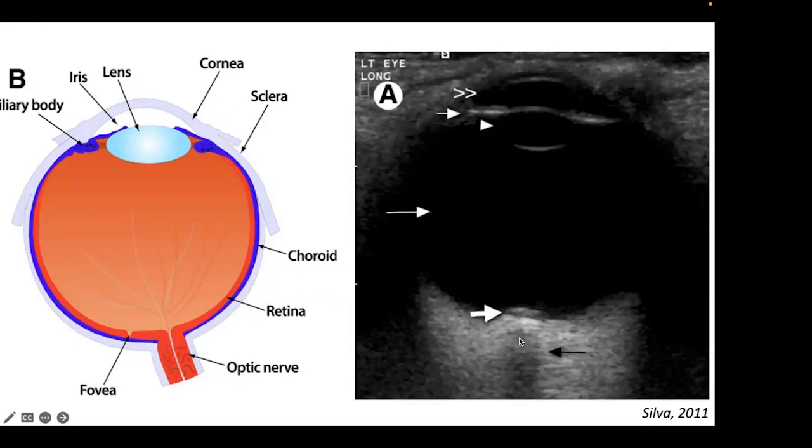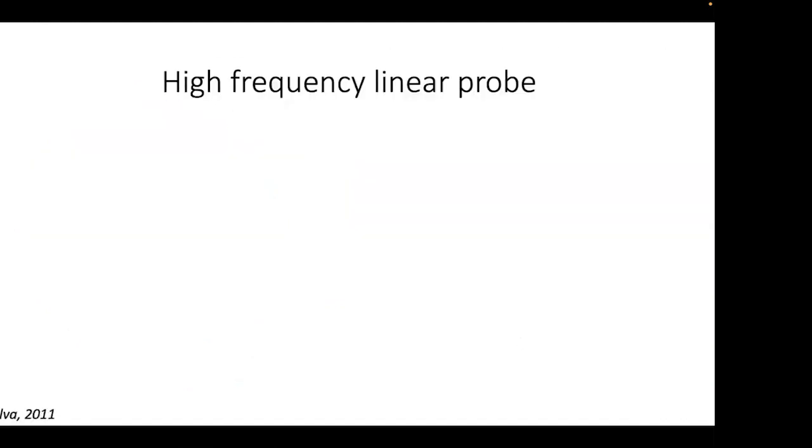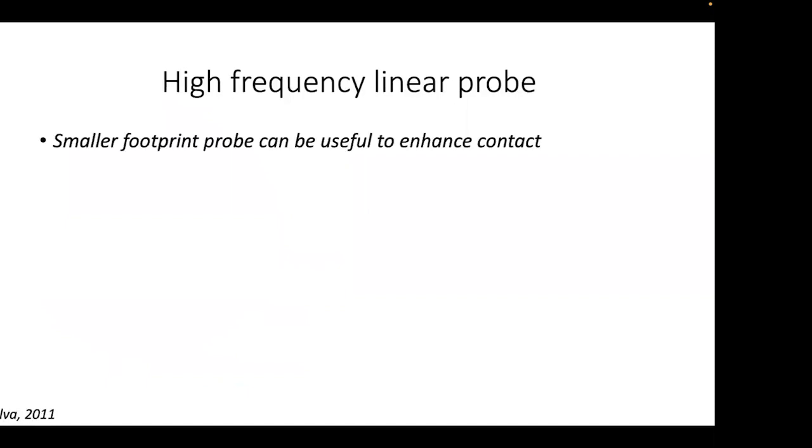To perform ocular ultrasound, we will use the high frequency linear probe. A smaller footprint probe, such as a hockey stick probe, can be useful to enhance contact with the eye. We do the exam with the eye closed, with or without Tegaderm.